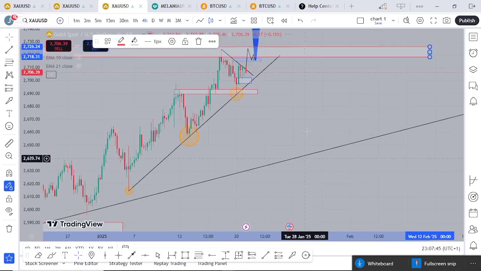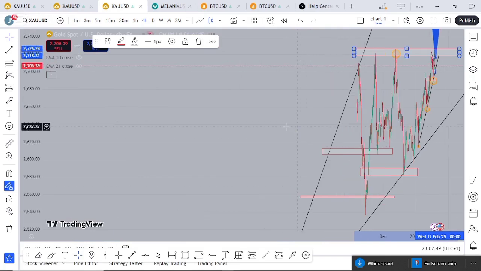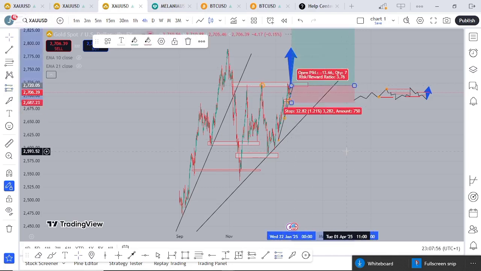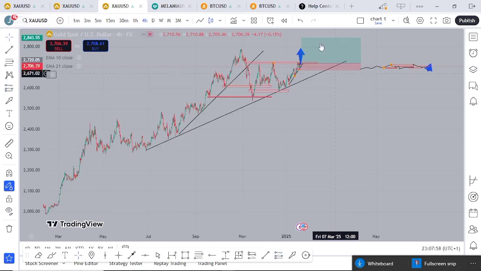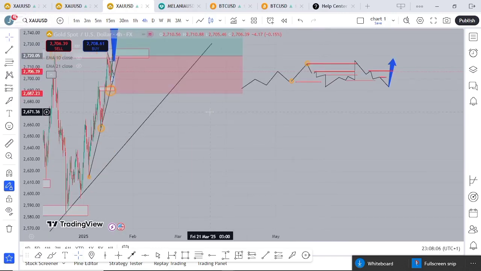So let me check how many pips. We're expecting almost 700 and something pips.